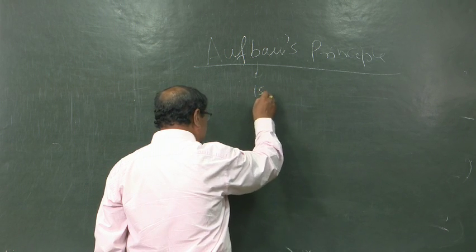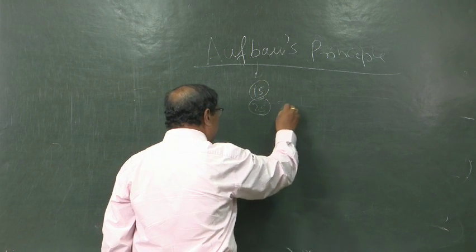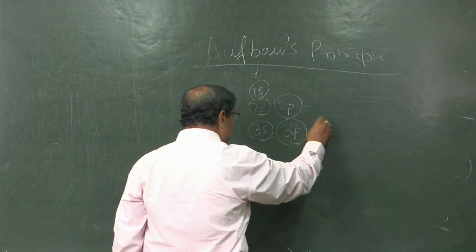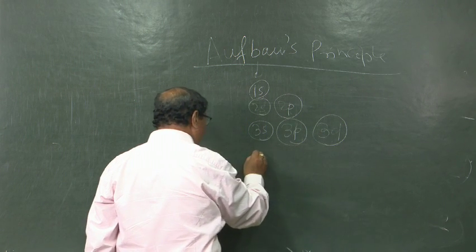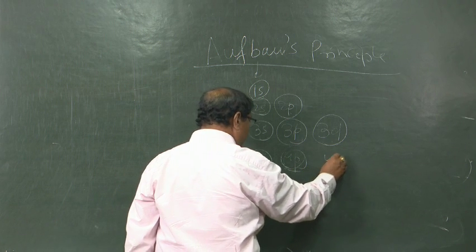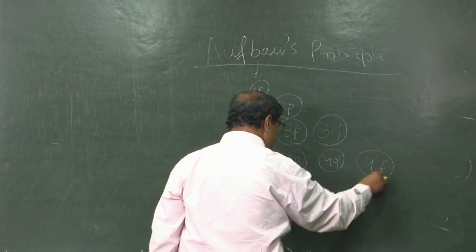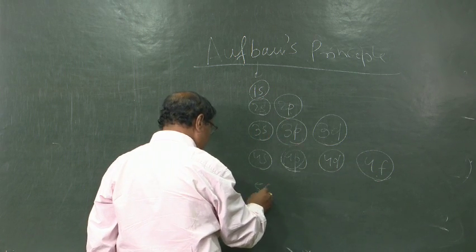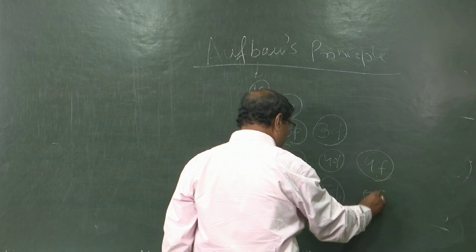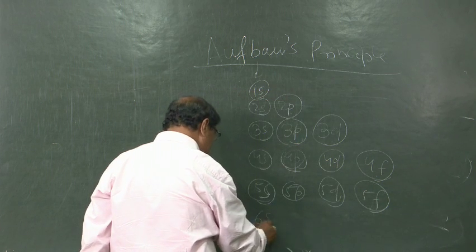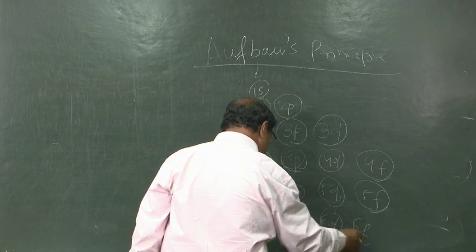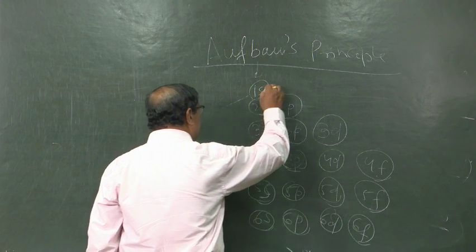First is your 1s, then 2s, 2p, then 3s, 3p, 3d, then 4s, 4p, 4d, 4f, then 5s, 5p, 5d, 5f, 6s, 6p, 6d, 6f. Now which fills up according to this?